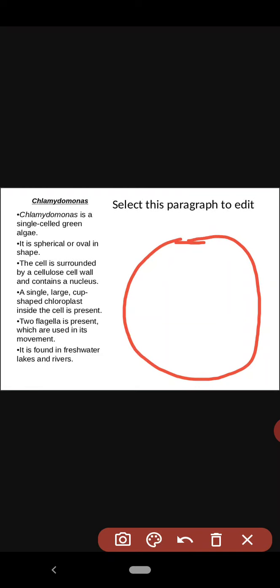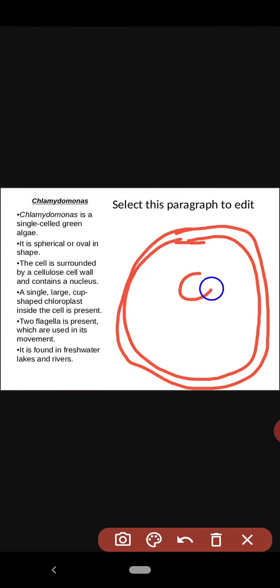And next, the cell is surrounded by a cellulose cell wall and contains a nucleus. So basically it is composed of two parts. One is the cell, which is completely covered by a cell wall. Another thing, this is a cell wall and it contains a nucleus. This is the nucleus.